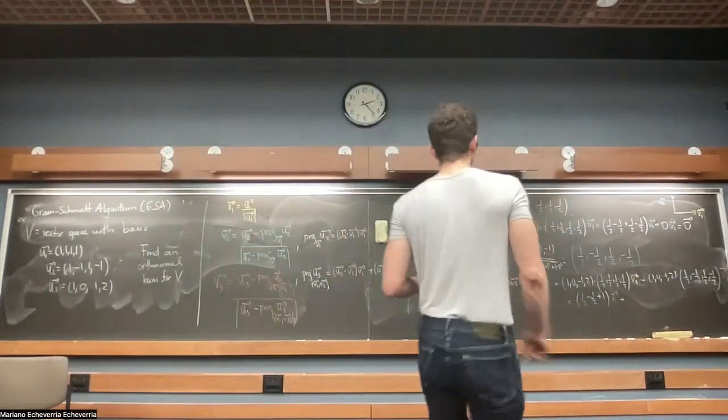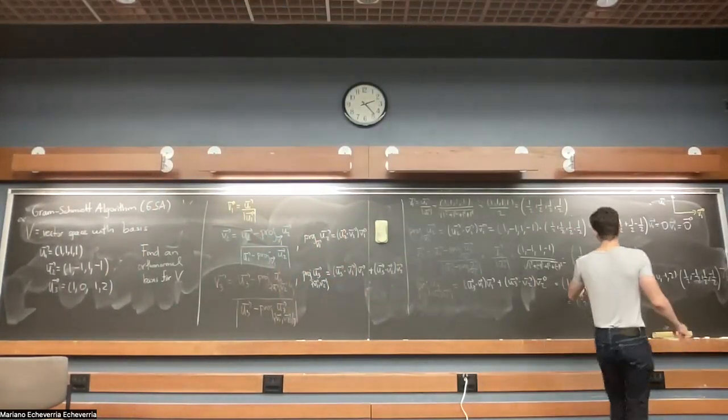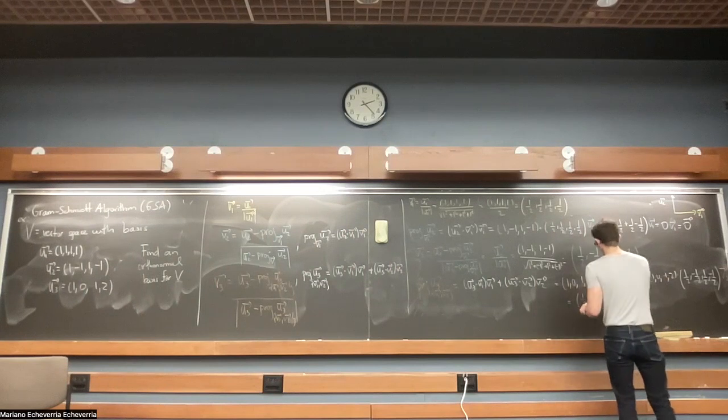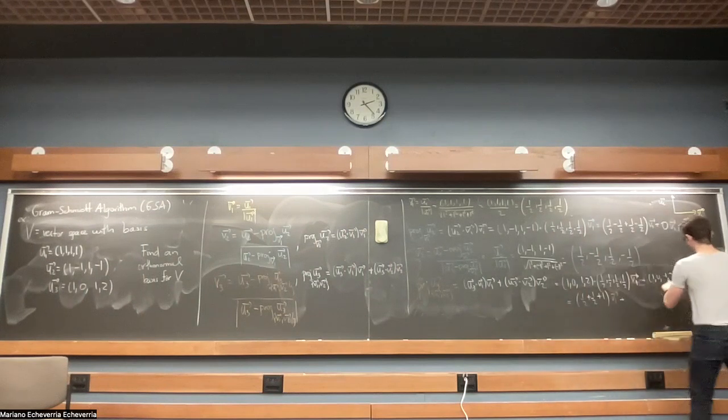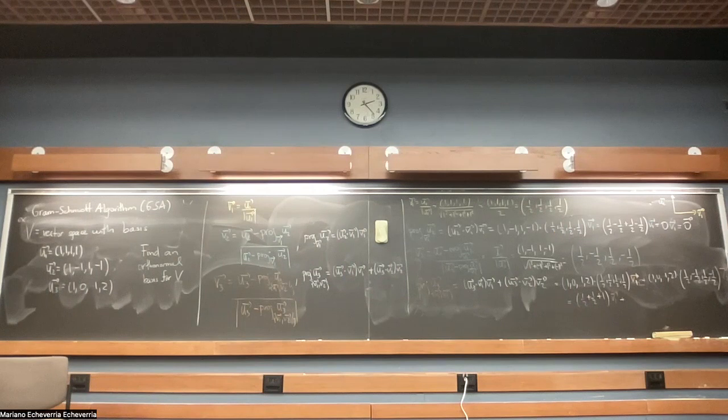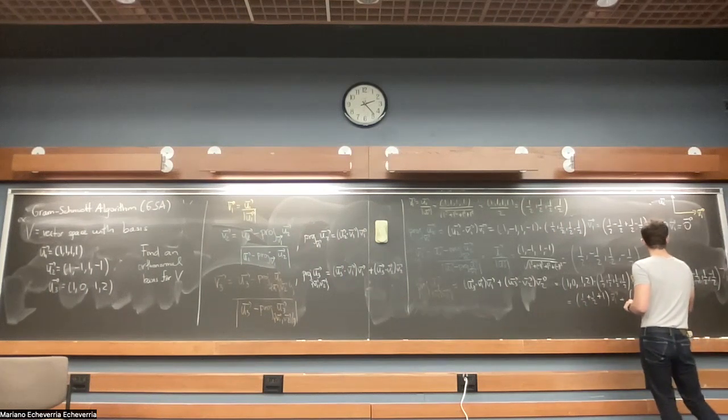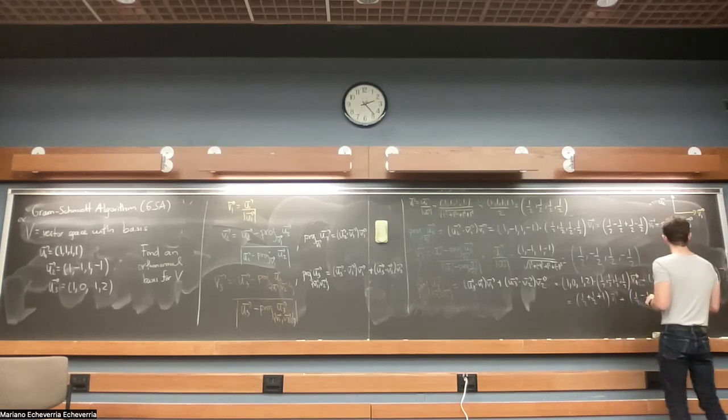It's not the same as what I did in the other class. It's good, and there's a minus here, so we get 1/2 plus 1/2, which is one.